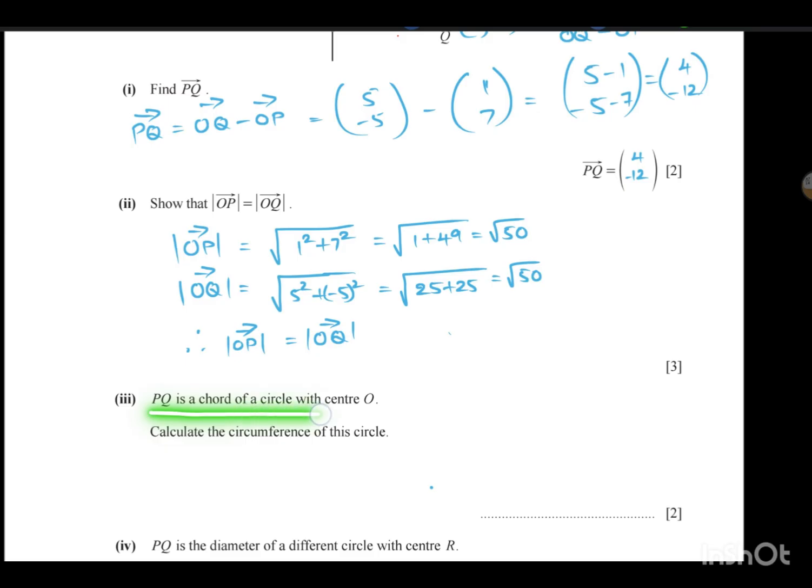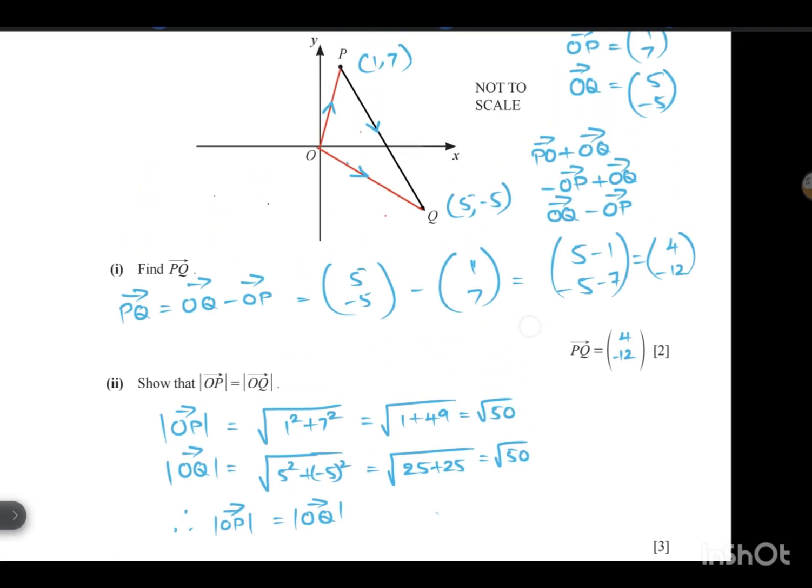Question number 3. PQ is a chord of a circle with center O. Calculate the circumference of this circle. Now this is a chord of the circle and the center is O. So that means OP is the radius, right?